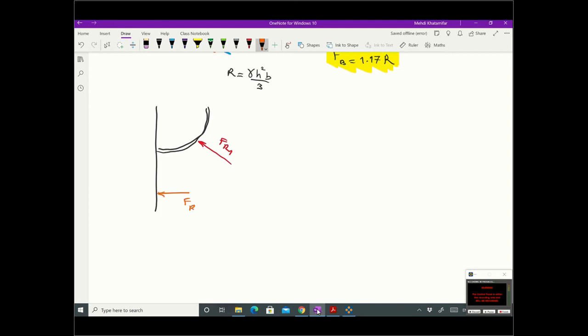This orange one is just covering this orange area. And of course FHX, FHY, and the force from the block, FB.